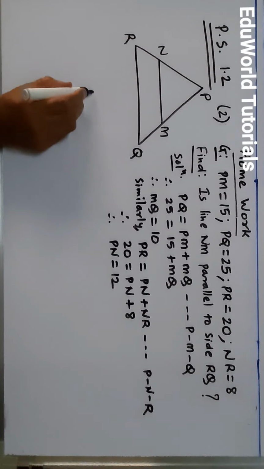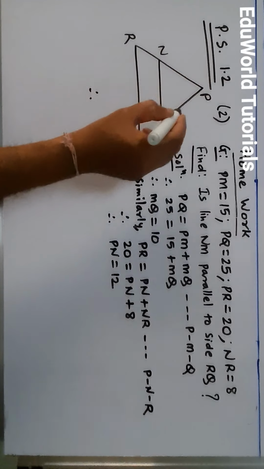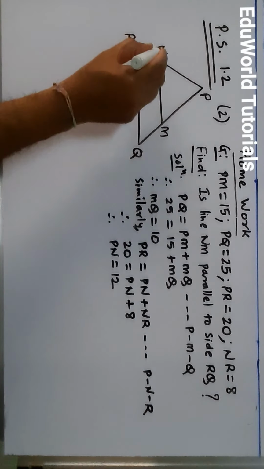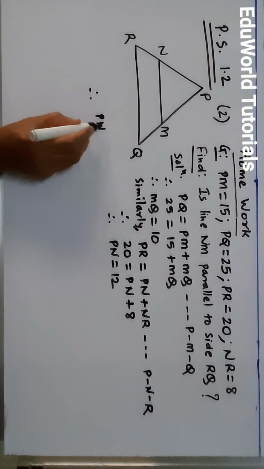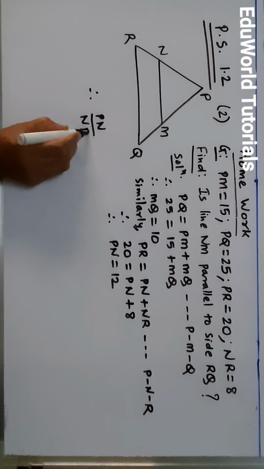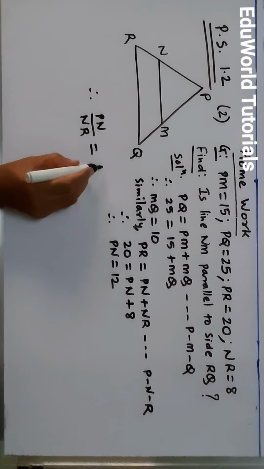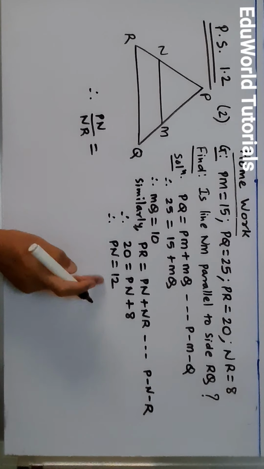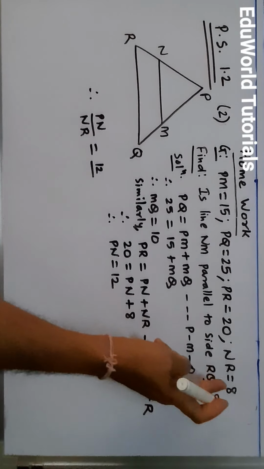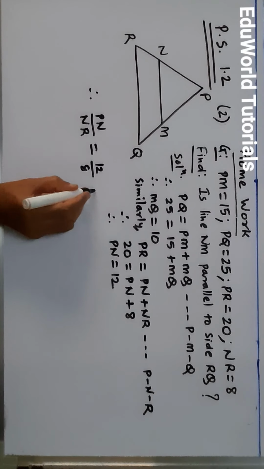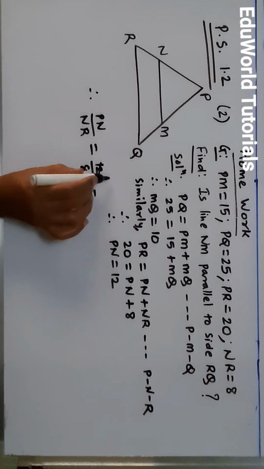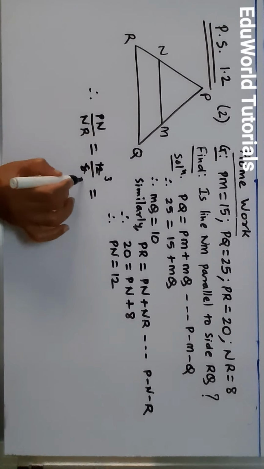Now we will find out the ratio. Ratio PM to MQ or PN to NR. So let us find PN to NR first. Ratio PN to NR is equal to, what is PN? 12. So 12 upon NR is 8. 12 upon 8, both are divisible by 4. They come in the table of 4. 4 3s are 12, 4 2s are 8. So ratio 3 upon 2. Result number 1.